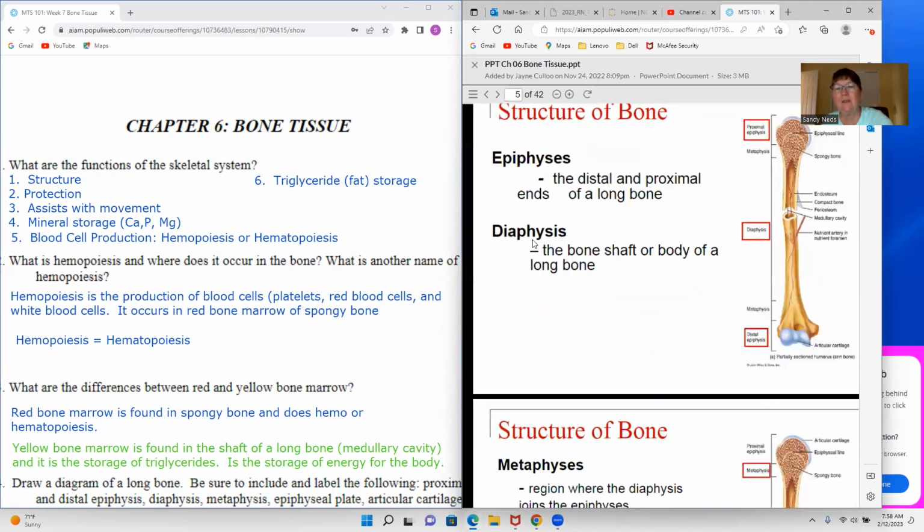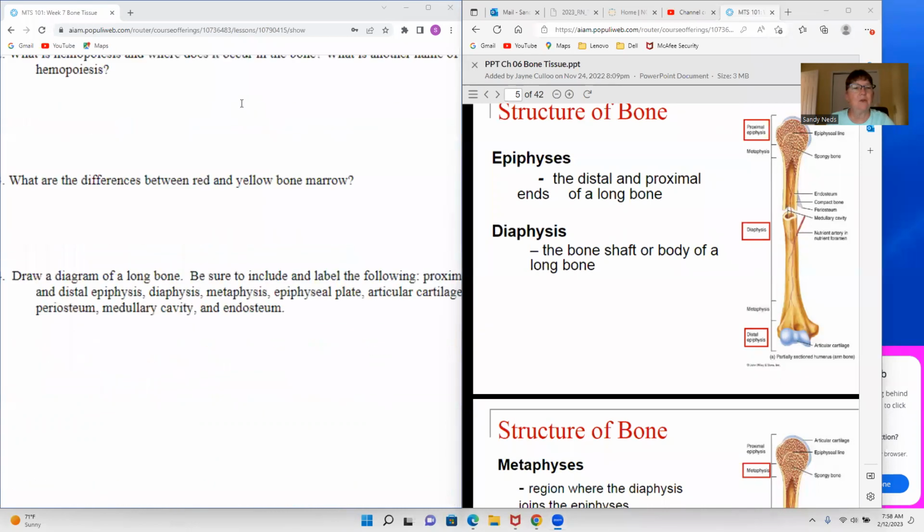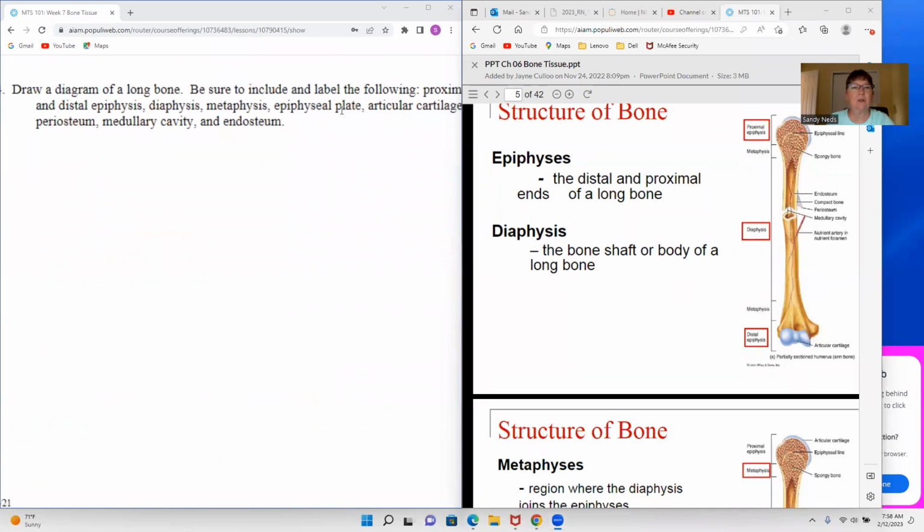So then let's study the parts and pieces of bone. So let's clear my screen, and let's move this up so that we're fresh with the next picture.